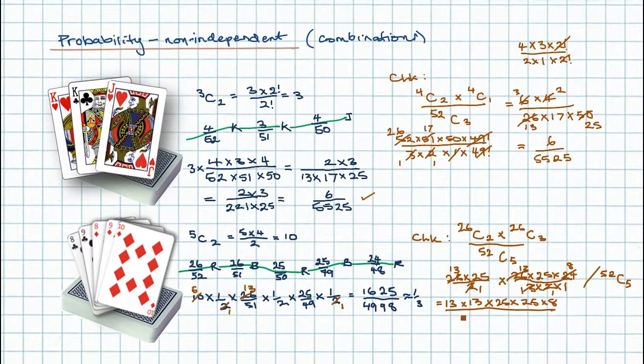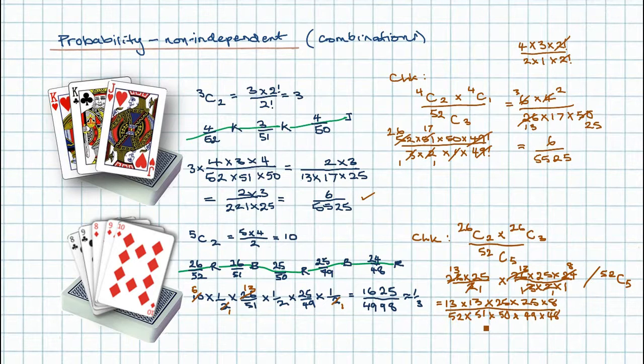Now for the 52 choose 5, obviously I've got 52, 51, 50, 49, and 48. And then I've got my cancellation with my 47 factorial, and now I've got 5 factorial underneath all that.